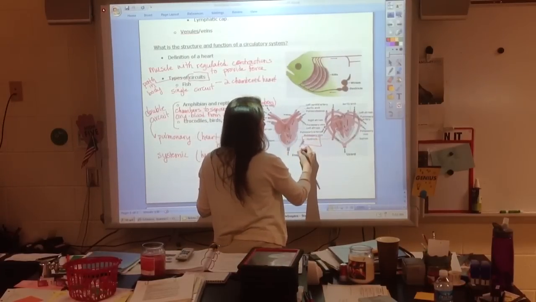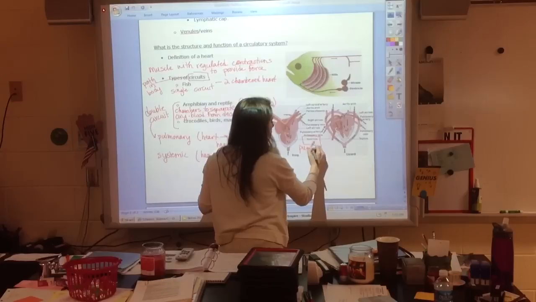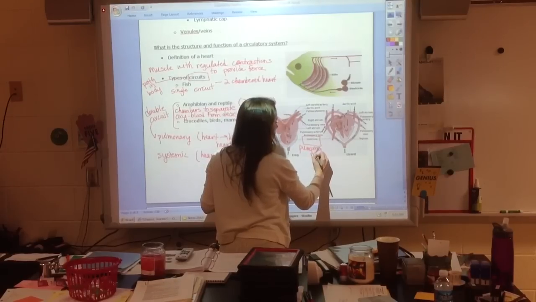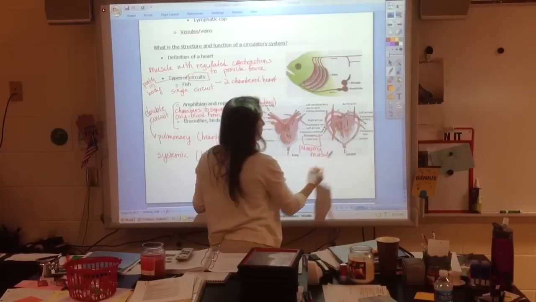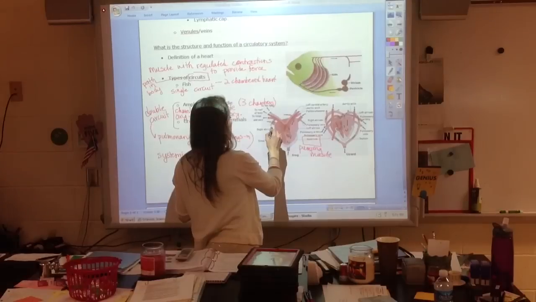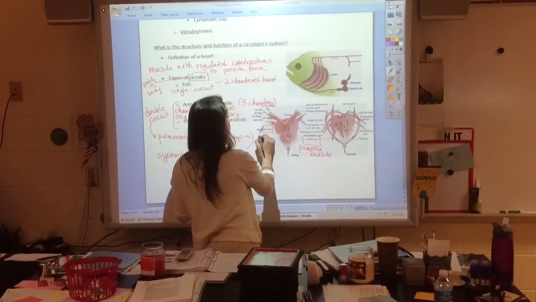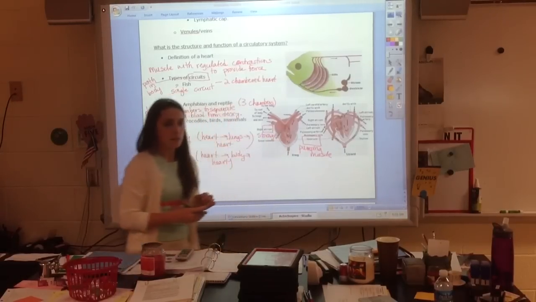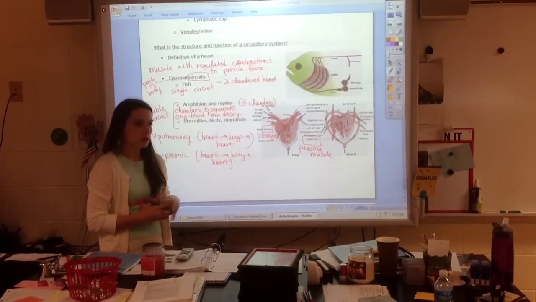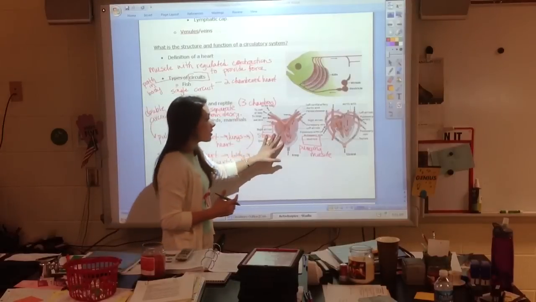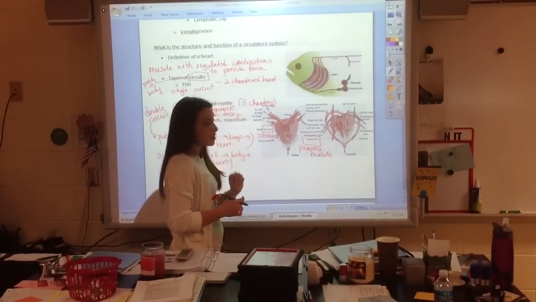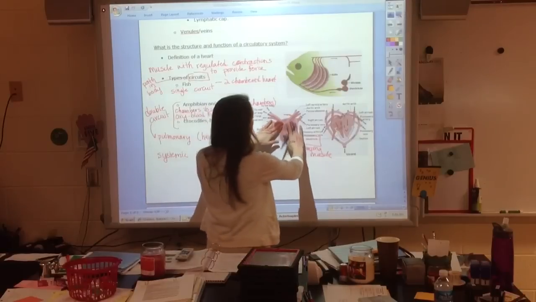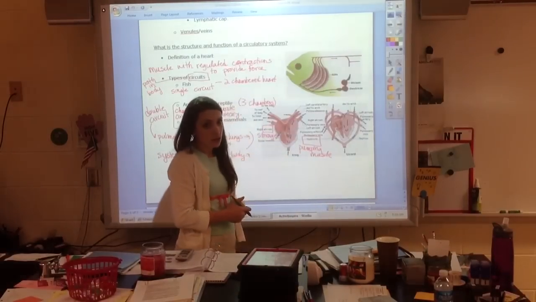Ventricles are the main pumping muscle. Atria, or atrium, are going to be the storage location. So if we look at this heart, the frog heart has a three-chambered heart. It has two atria and one ventricle.